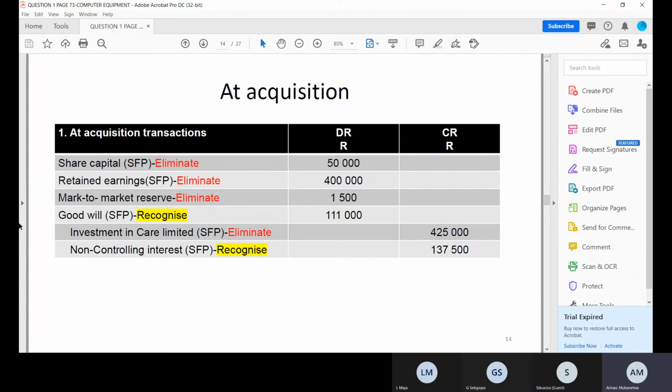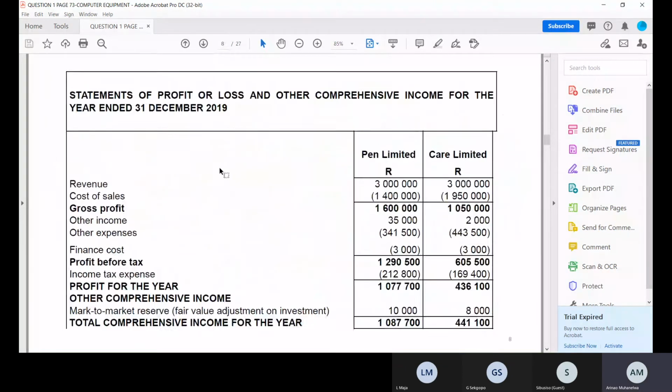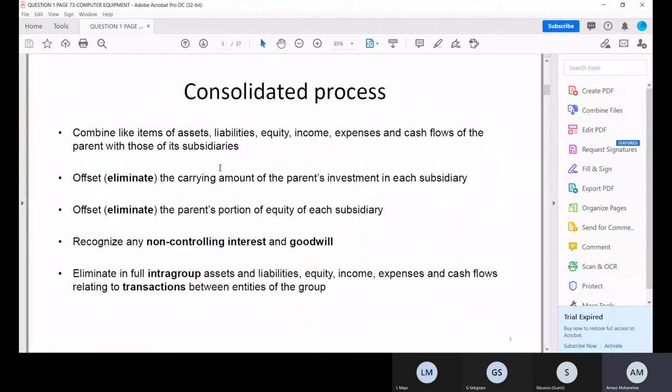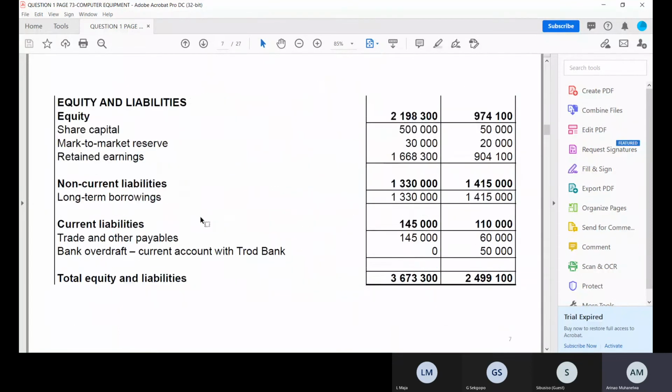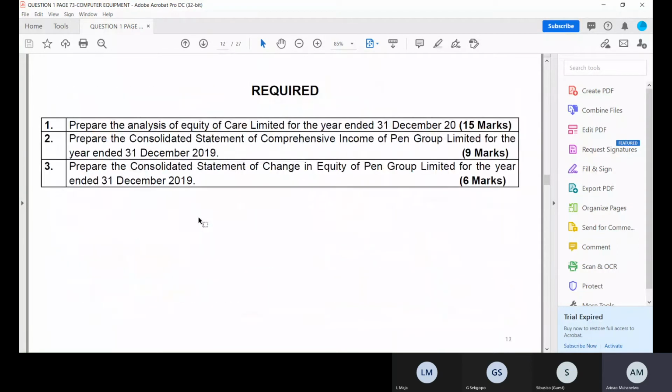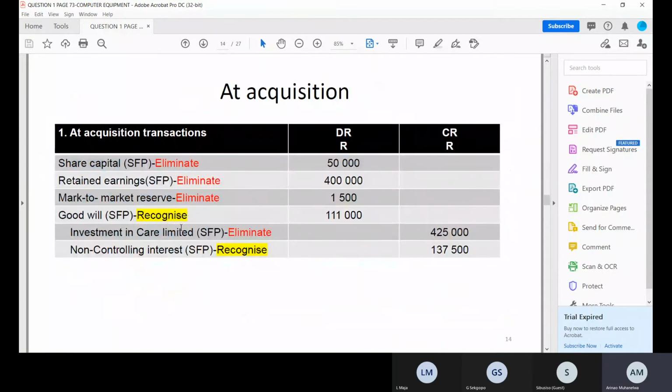So at the acquisition transaction, every procedure mentioned in the consolidation procedure, we're going to see there: eliminate the carrying amount of the parent's investment, eliminate the parent's portion of equity of each subsidiary, recognize non-controlling interest, and recognize goodwill. If I come to the journal here, all this information is given.